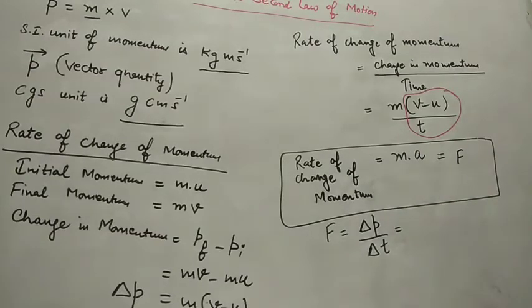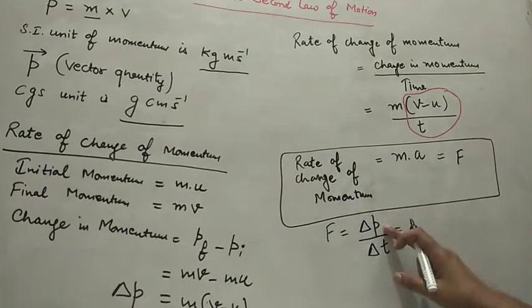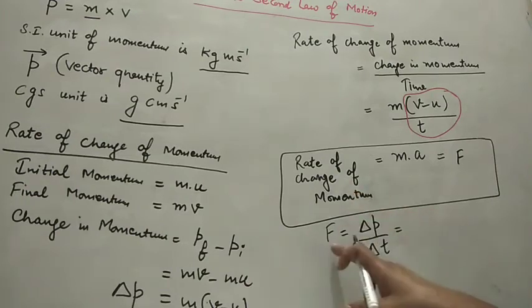According to Newton's second law of motion, the rate of change of momentum of a body is directly proportional to the force applied on it, and the change in momentum takes place in the direction of the force applied.